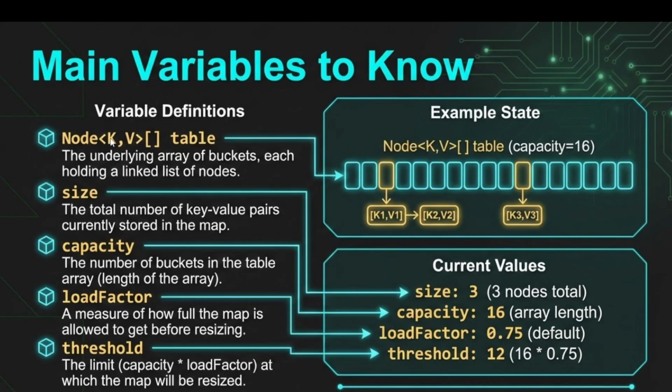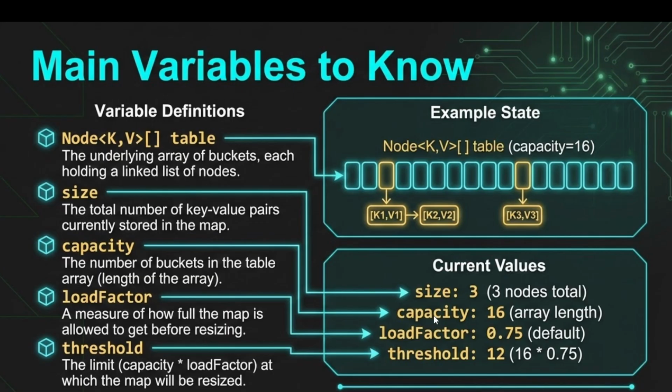Example case: suppose the node array has a capacity of 16, as we see, the initial capacity of 16. The node will have a key and a value. Apart from that, it has a hash and a pointer to the next node. We will see all of this in this video. And we can see the size is 3. Suppose in the map I have added 3 entries, then the size will be 3, three nodes in total.